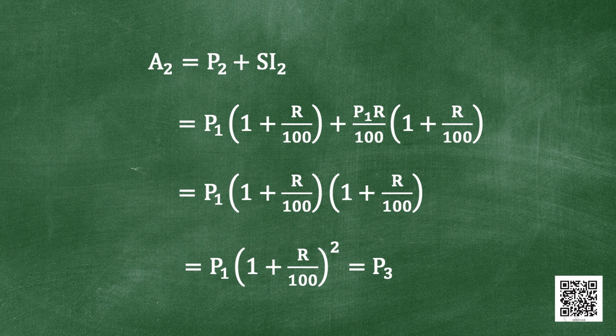So by taking this as common term, we have P1 times (1 plus R by 100) times, in the first term we are left with 1 plus, in the second term we are left with R by 100. So this is nothing but P1 times (1 plus R by 100) whole square.